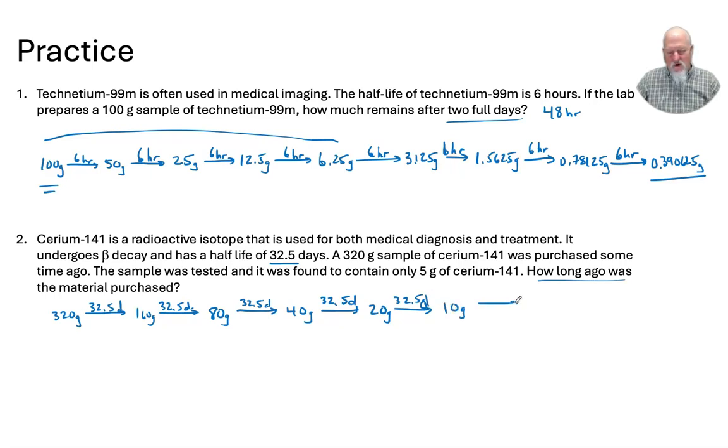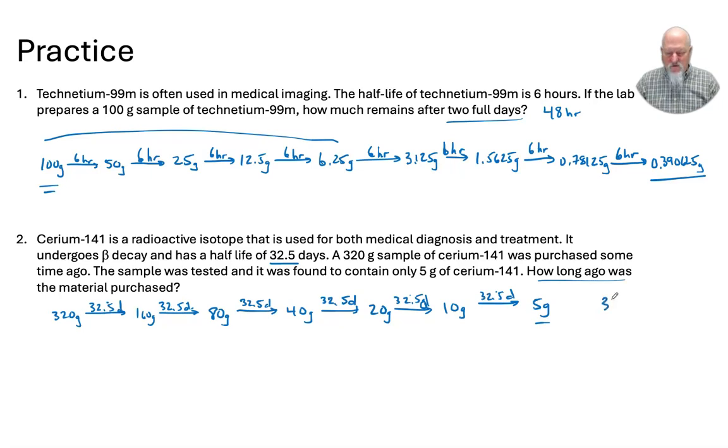And one more half-life, 32.5 days, will give us 5 grams. Okay, so we can see just going half-life by half-life and losing half of what we have in each step, we get down to 5 grams, and it took us 1, 2, 3, 4, 5, 6 half-lives.